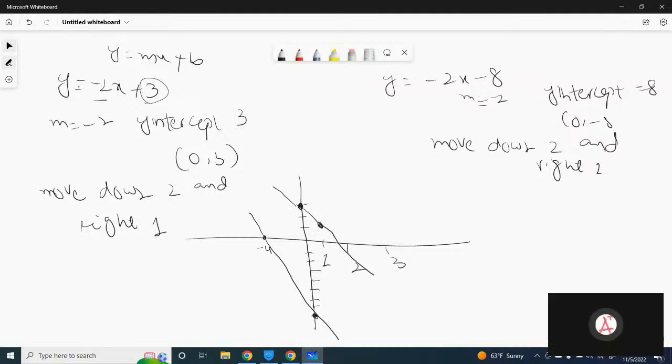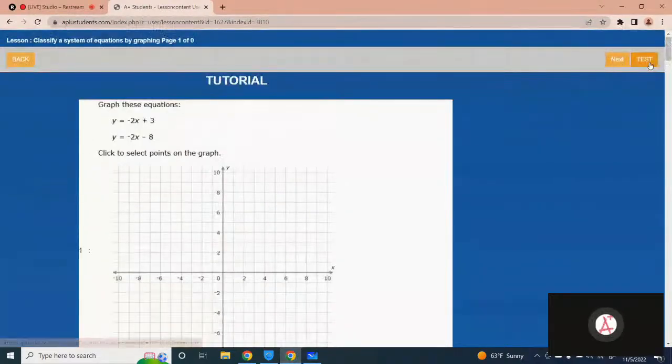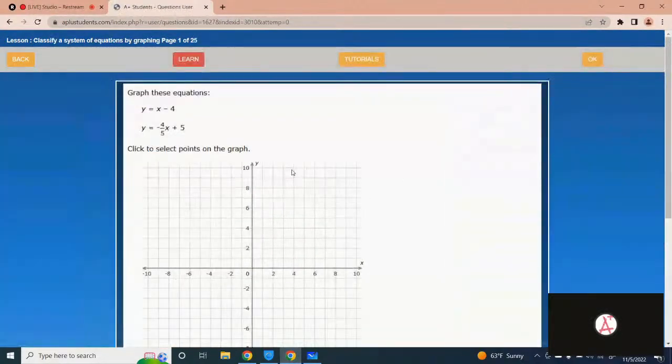Okay, let's start with examples. Now let's start with a test. The first one is y equals x minus 4.